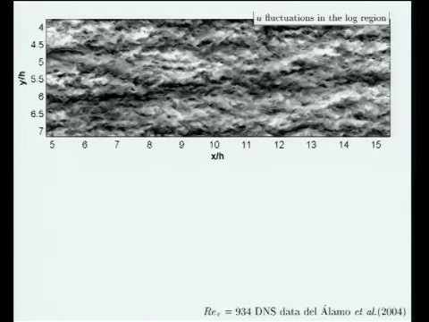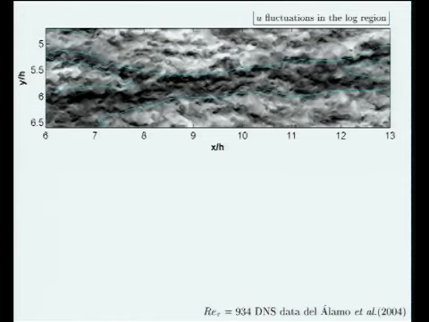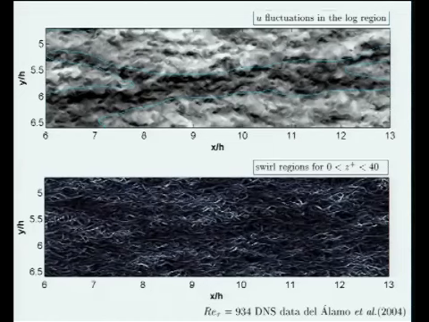Black is going to be low speed and white is higher speed, and you can see these large scale features meandering through that domain. If I zoom in on some region here that contains one of these large scale features and draw a contour through the filtered velocity field, then I can define one of these large scale events. And what I want to do is compare that to what's going on with the small scales near the wall.